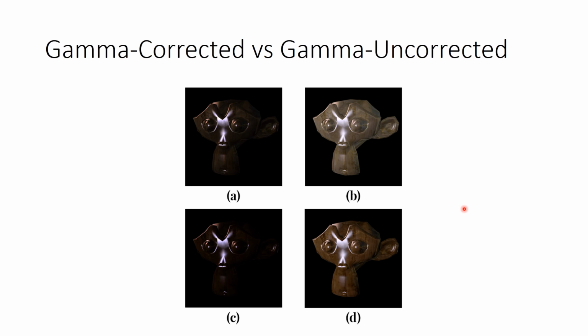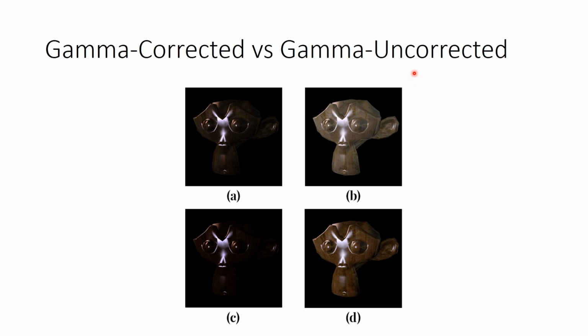Okay, now we will see some examples of gamma-corrected versus gamma-uncorrected renders. In the first case, we can see that uncorrected textures and an uncorrected render target were used.